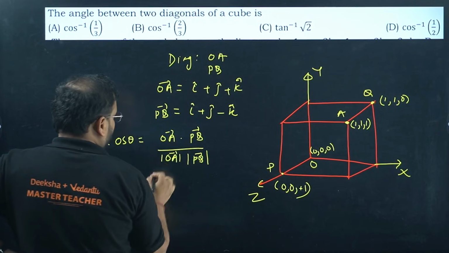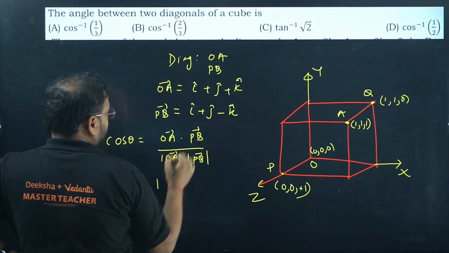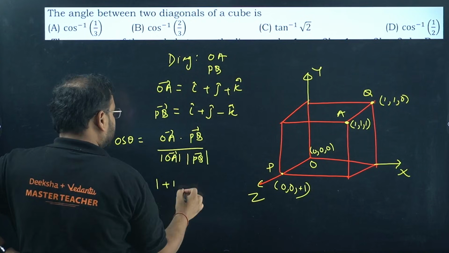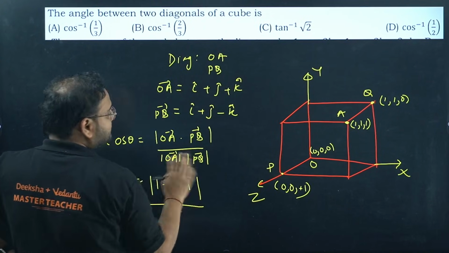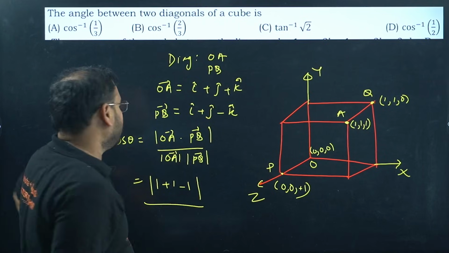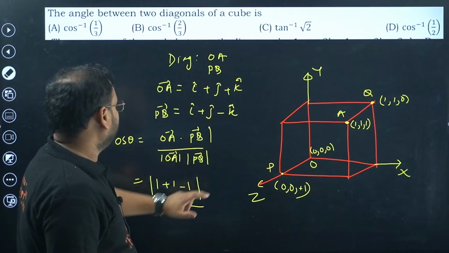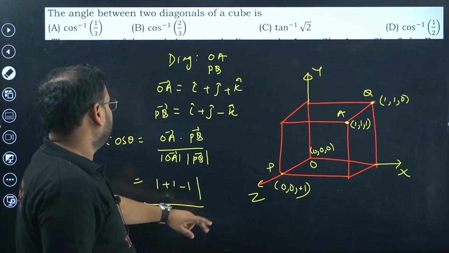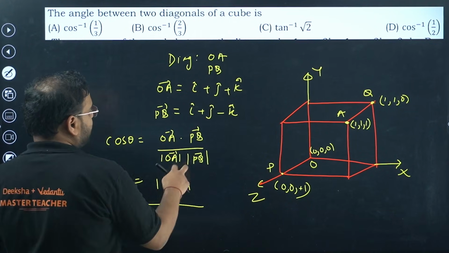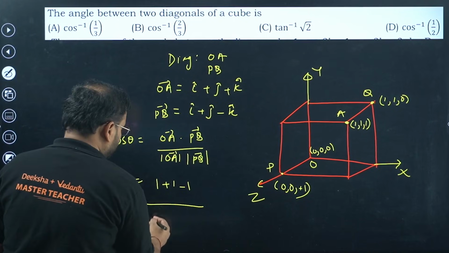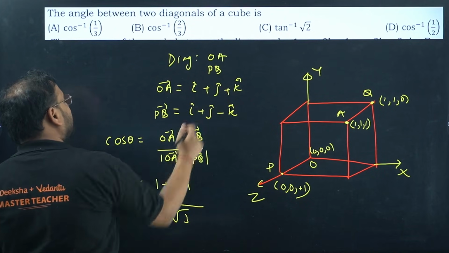Please check. For the dot product, 1 into 1 is 1, 1 into 1 is again 1, and 1 into minus 1 is minus 1. The whole thing is in the modulus. If you take the modulus of OA and PQ, we'll have the value root 3 in the first one, and this also will be root 3, since the square root of 1 plus 1 plus 1 is root 3.